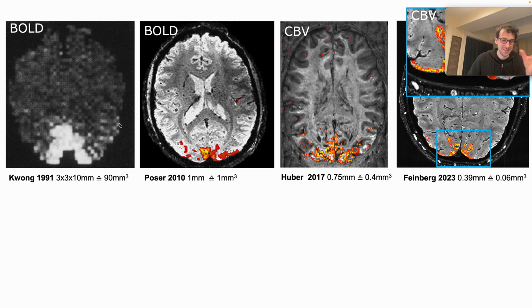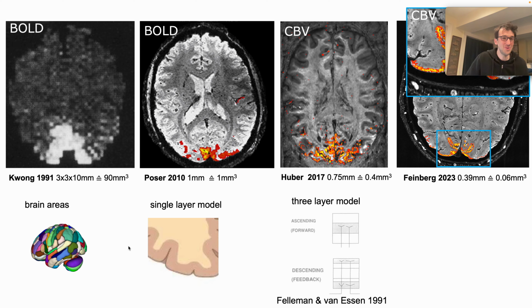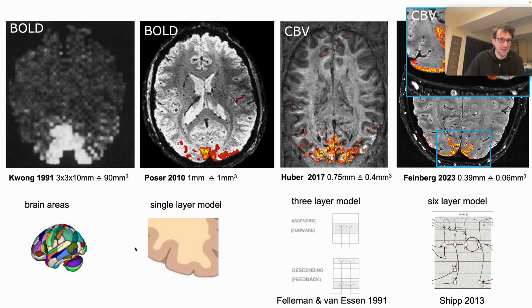And for each stage, for each magnitude along the decades, new insights about the brain can be made. Namely, for those exciting experiments in those days, you still had to assume that every neuron in the entire brain area is doing the same thing. Or even with 1 millimeter, you can only have a single layer model. So you still need to assume that each neuron across the cortical depth is doing the same thing.